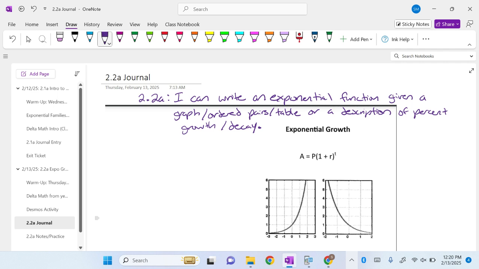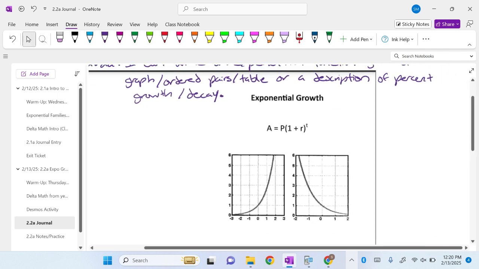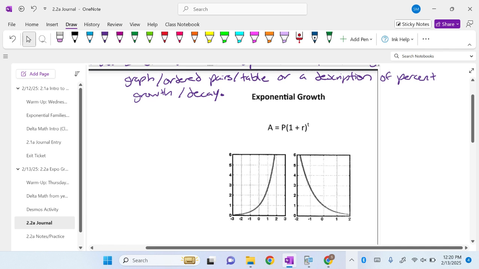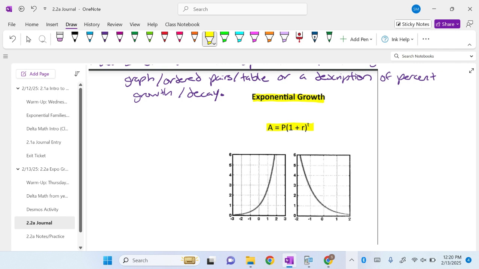So specifically with growth and decay, this here is the formula for exponential growth. You see it a little bit different than how I showed it to you. I showed it to you as y equals a times 1 plus r raised to t value. This is the exact same thing, just different letters. So for exponential growth, this capital A is your new value.